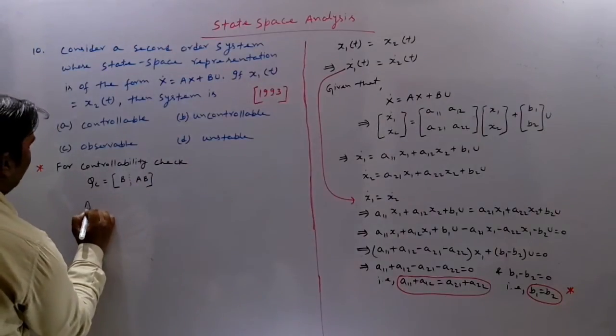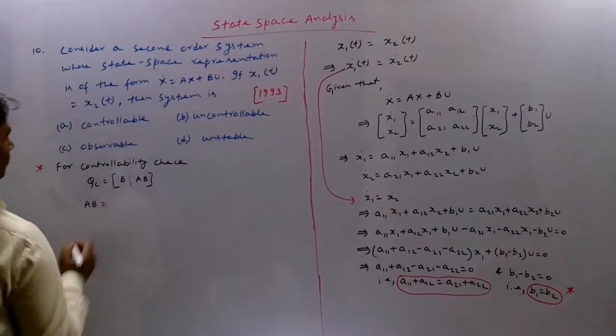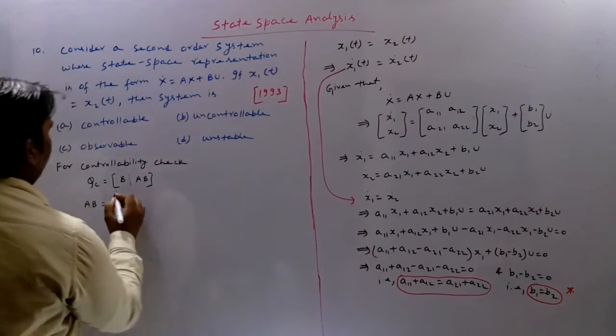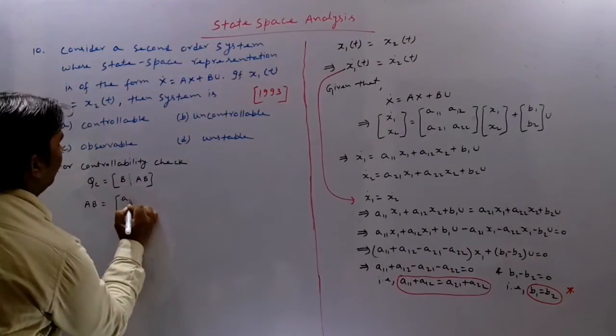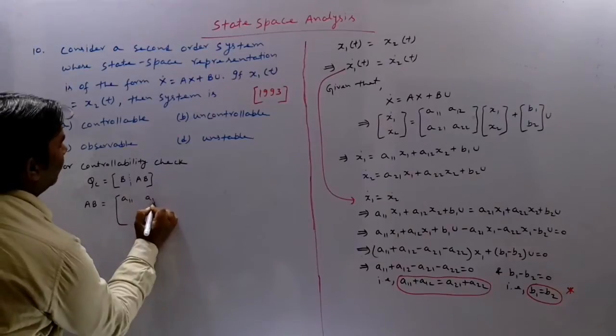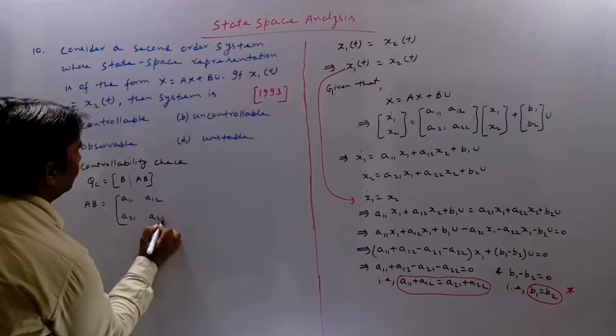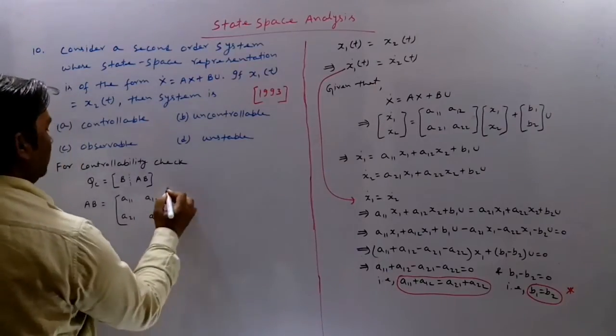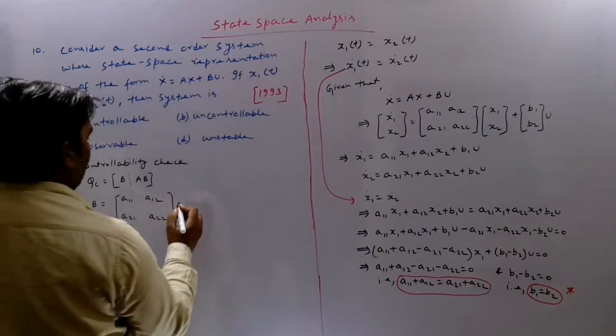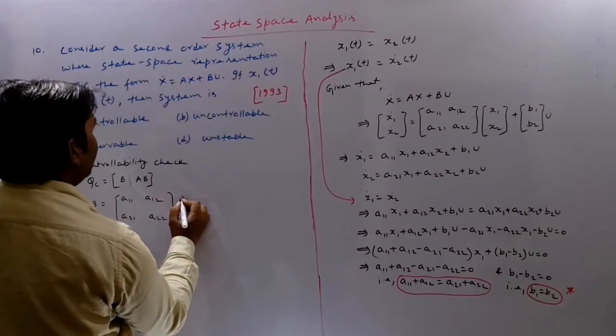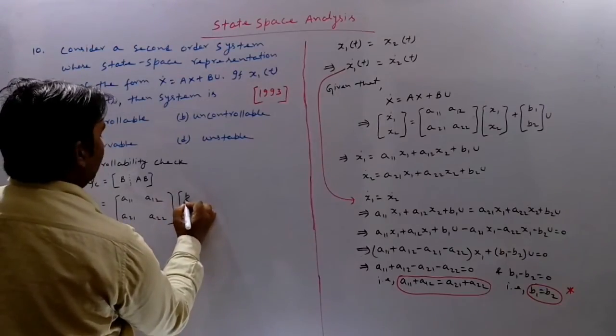So AB equal to a11 a12 a21 a22 times B, and B is b1 b2.